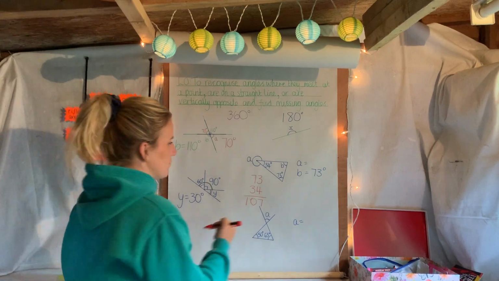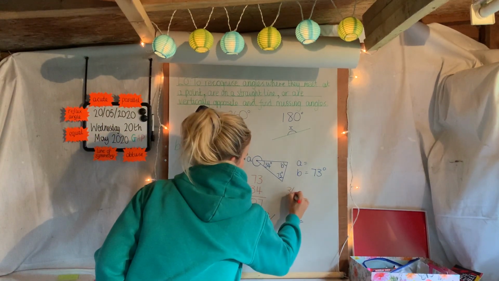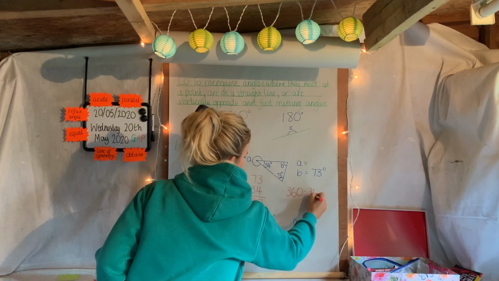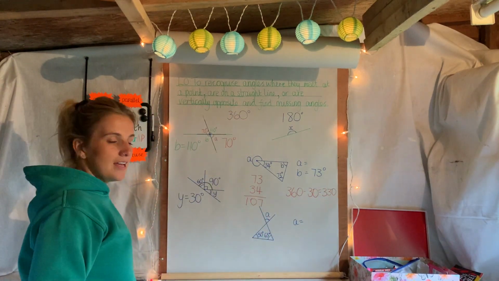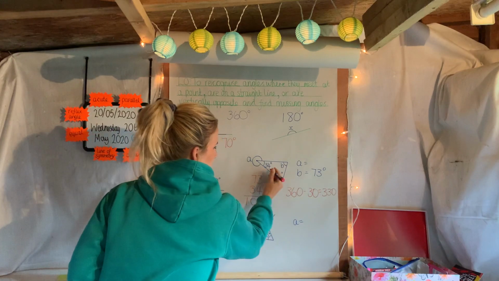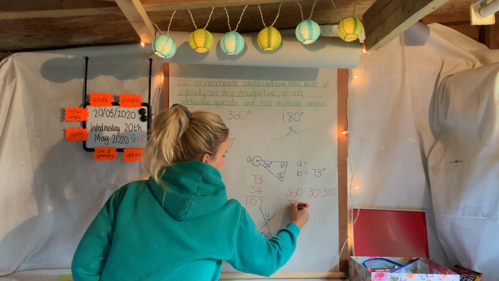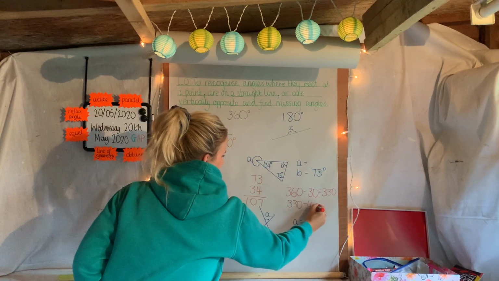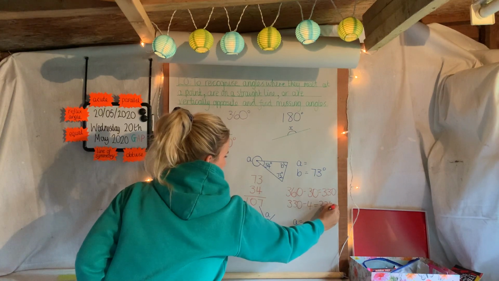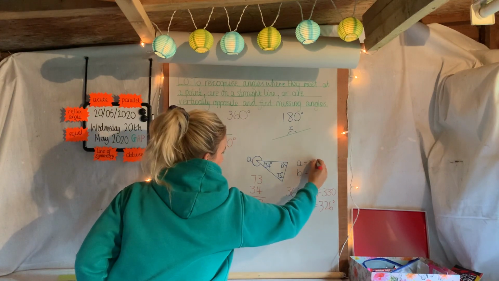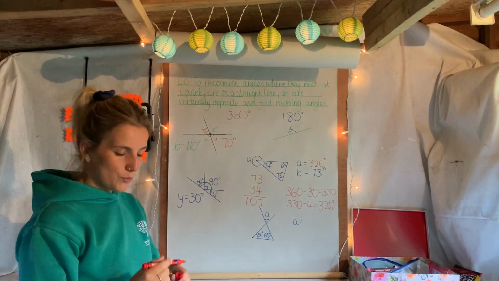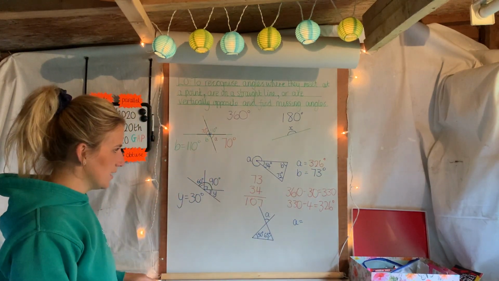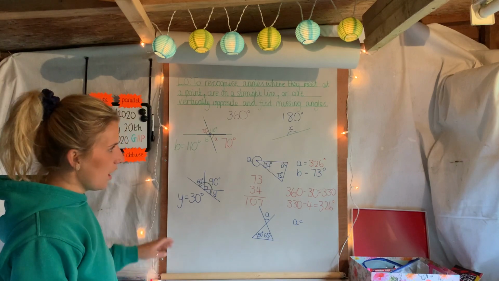So if I've got 360 and I'm going to take away 30, then that's going to give me 330. Okay? Then if I do 330 take away my 4, you could do that in your head, and that's going to give you 326 degrees. Therefore, angle A equals 326 degrees. Okay, super duper.